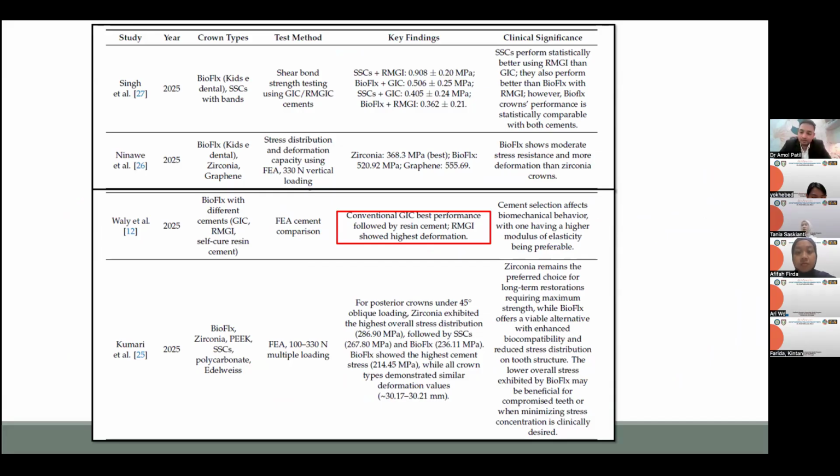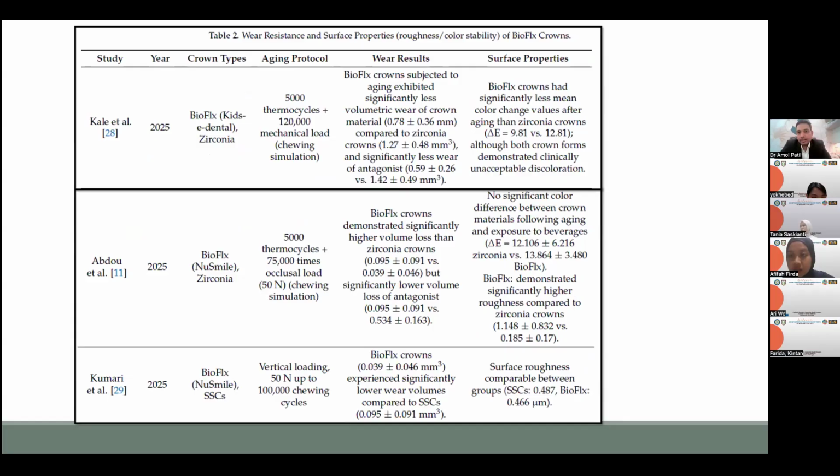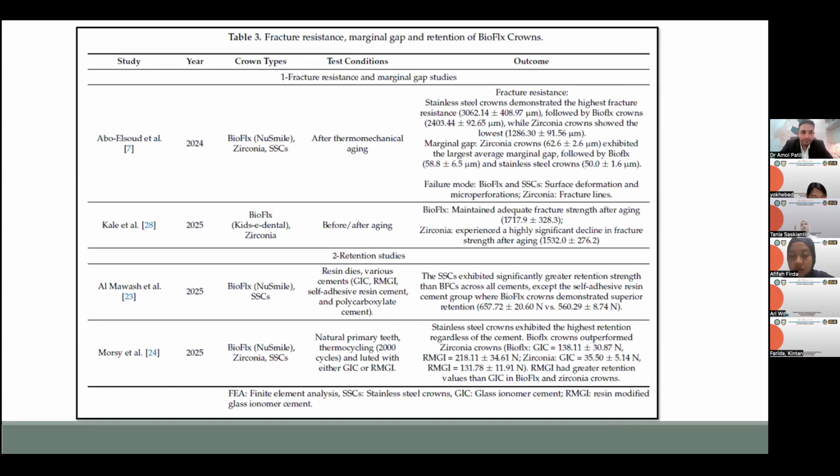Because they are opaque crowns, curing is not possible, and because of which RMGIC is not giving better results as a cementing medium as compared to conventional GIC. These are some more clinical trials which suggest Biflex crown is a better alternative to other treatment options.